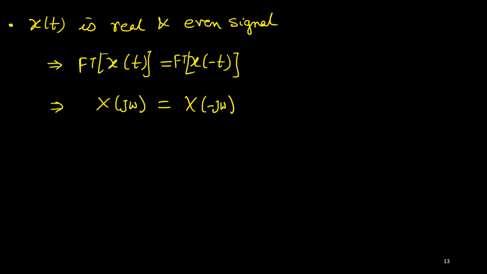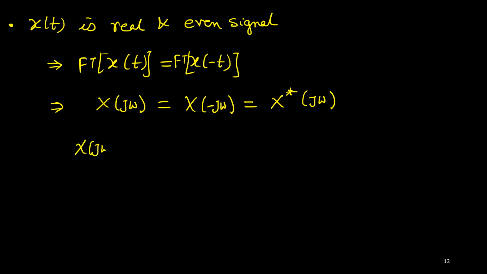And that is same as X of minus j omega, we have seen that it is X star of j omega. So first, if I consider these two, first and last, I'll consider two ways.